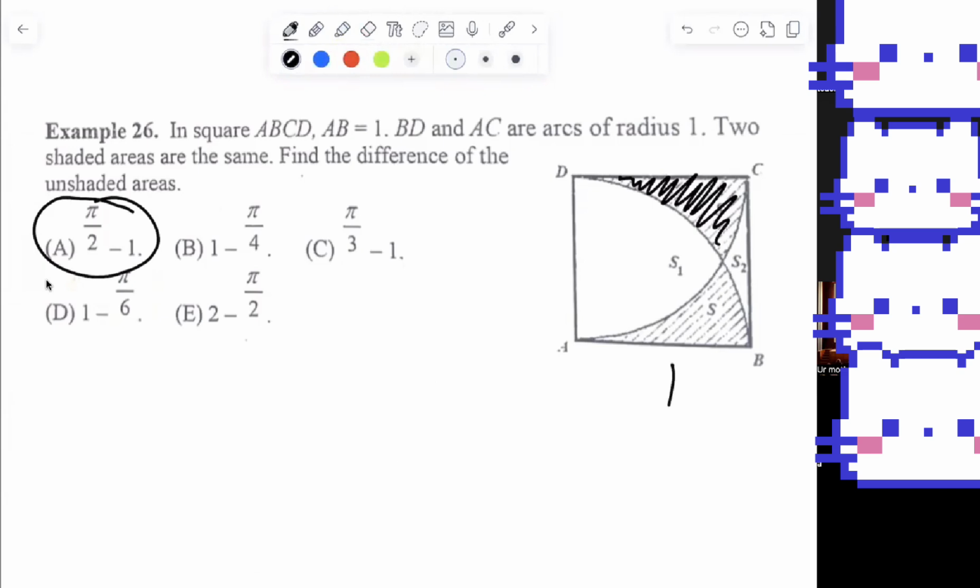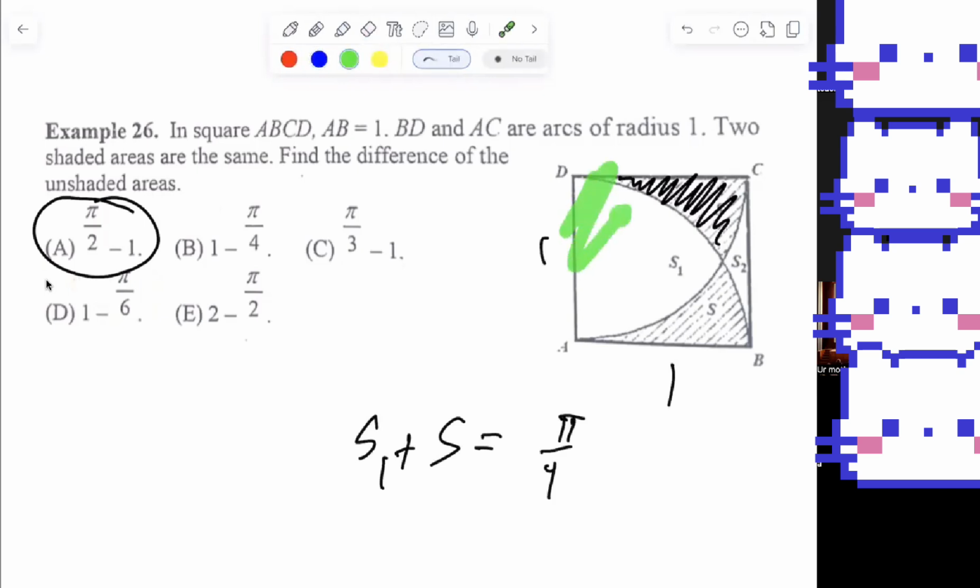In this case, we know this is 1 and that's 1. It's a square. So from there, we can write S1 in terms of S. S1 plus S is equal to pi over 4. Remember, the area right over here is pi fourths, because it's pi r squared over 4. It's a quarter of a circle.